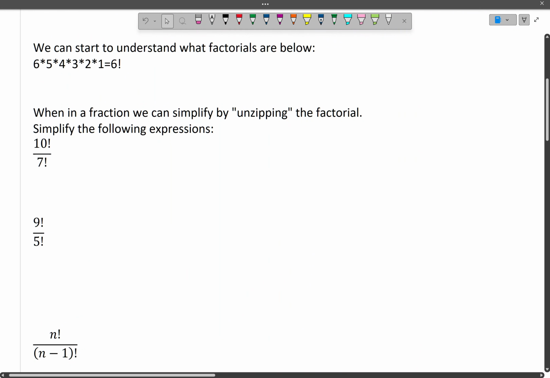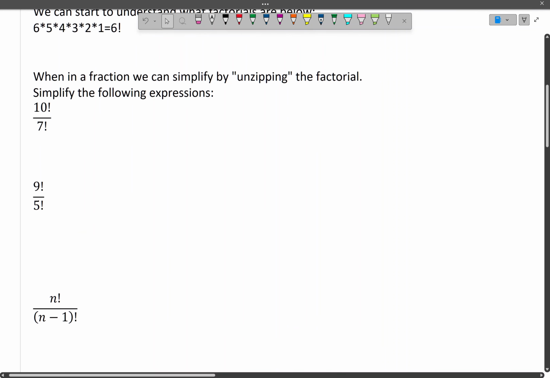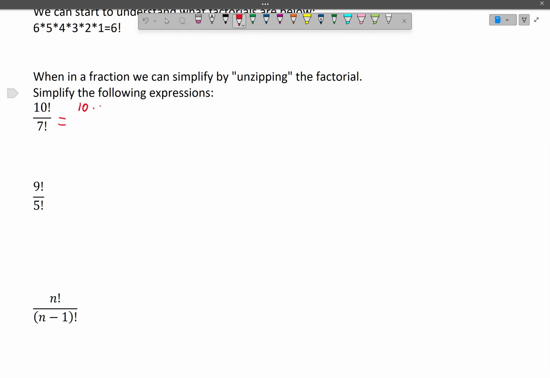Let's take a look here. When in a fraction, we can simplify by unzipping the factorial. We can solve these questions much more easily because we know how to unzip. What does that mean?